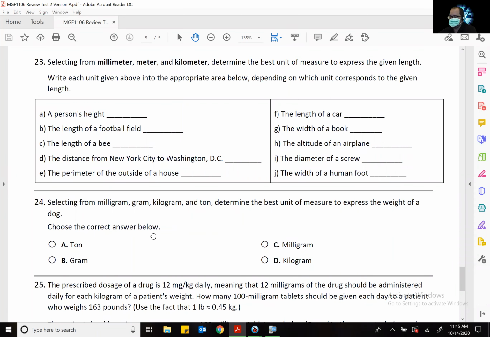Length of a car. Width of a book. Altitude of an airplane.